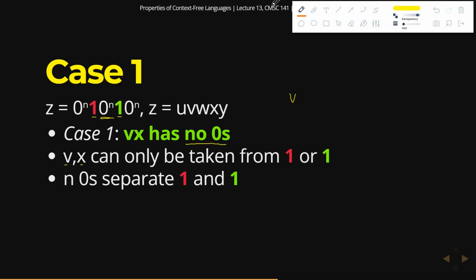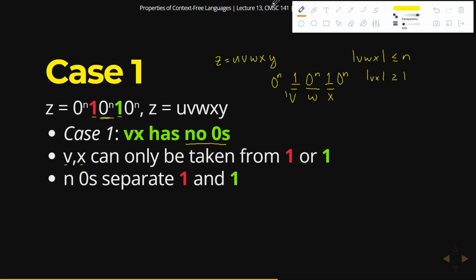Okay, so remember that we had z equal to uvwxy, and the length of vwx cannot exceed n, and vx has to be greater than or equal to 1. So if the configuration was 0^n 1 0^n 1 0^n, and both v and x were on the ones, well, this cannot happen, because that would make w become this 0^n here.